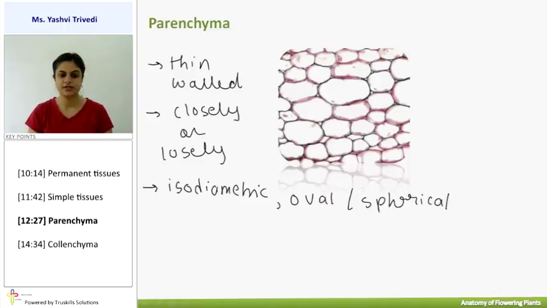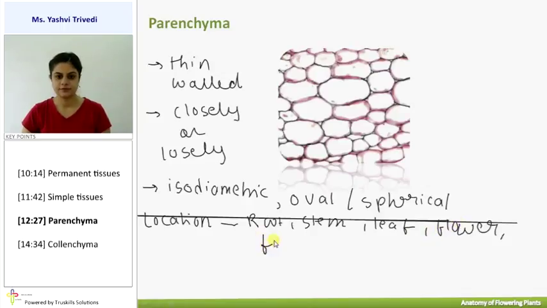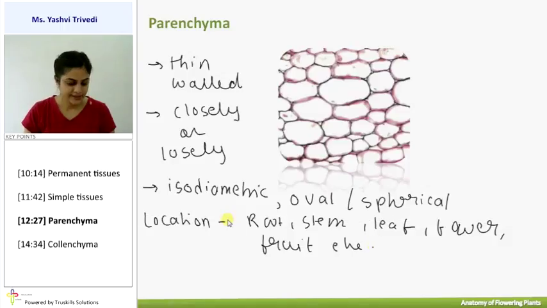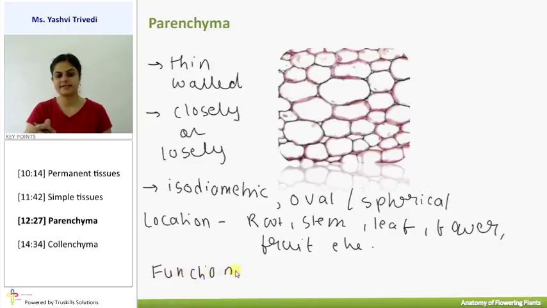Now if we look at the location, they are mainly located in parts of the plant like root, stem, leaf, flower, fruit, etc. Then if we see the function of this particular tissue, as it is present in root, stem, leaf, flower, fruit, everywhere, whatever the function of all these areas is will be the function of parenchyma.